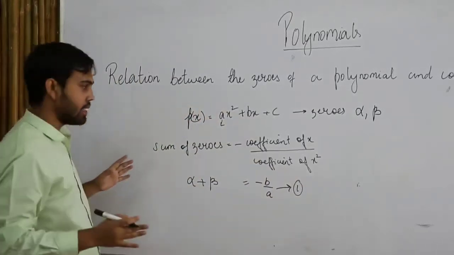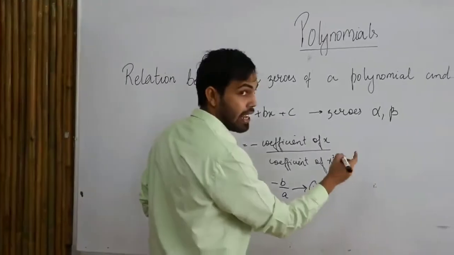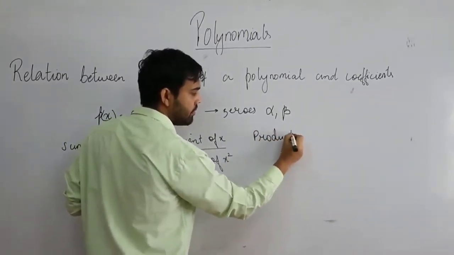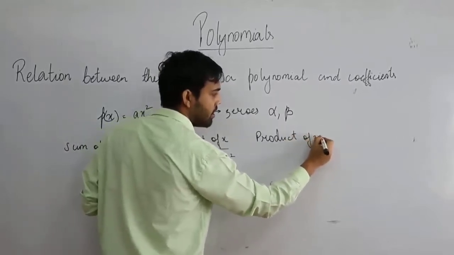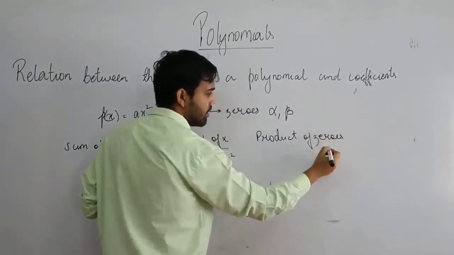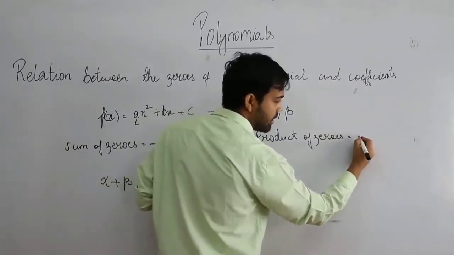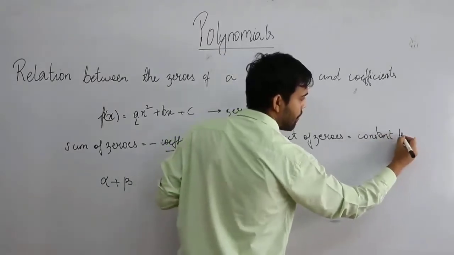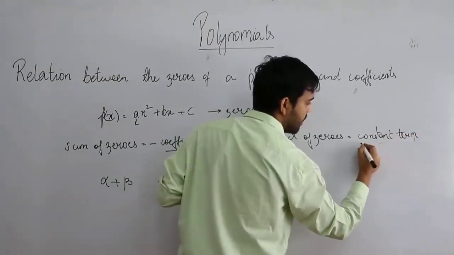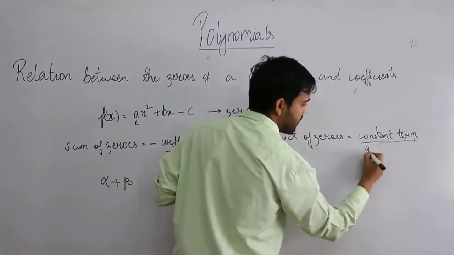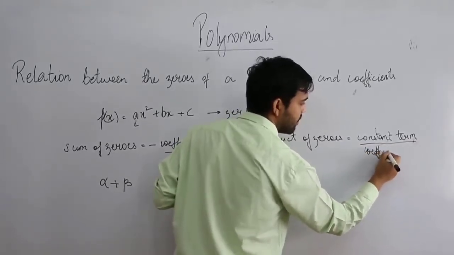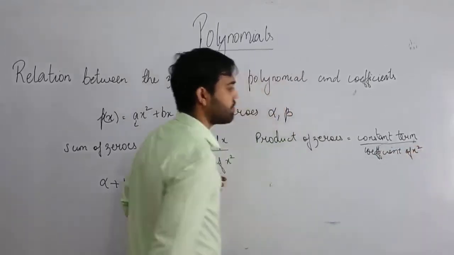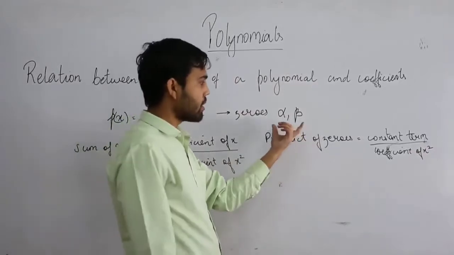The second relation states something like this: the product of zeros is equal to the constant term by the coefficient of x squared. So what will be the product of the zeros?